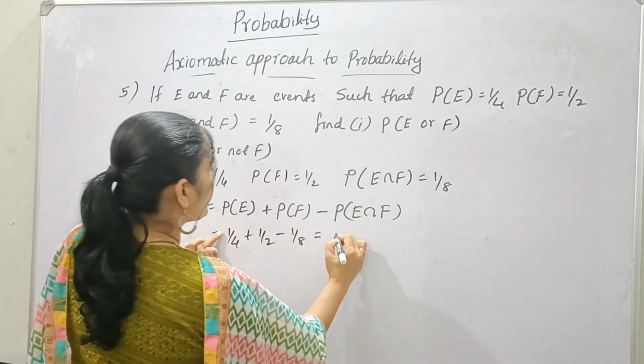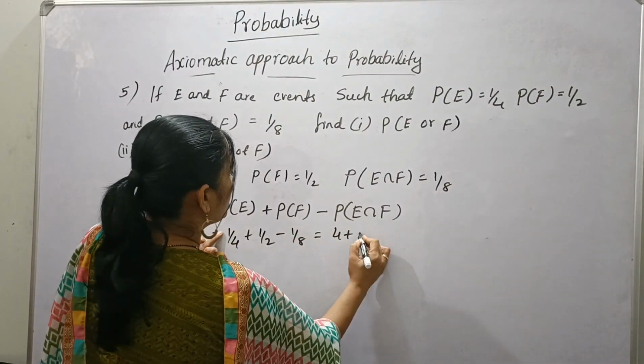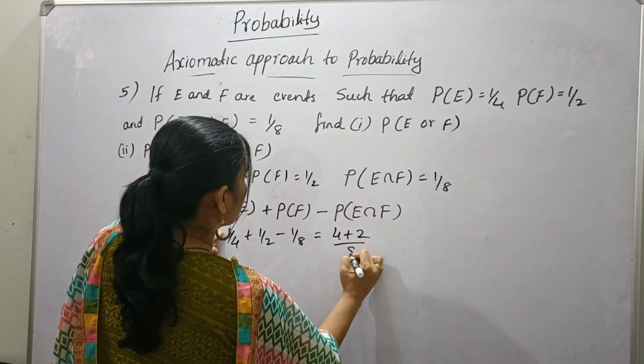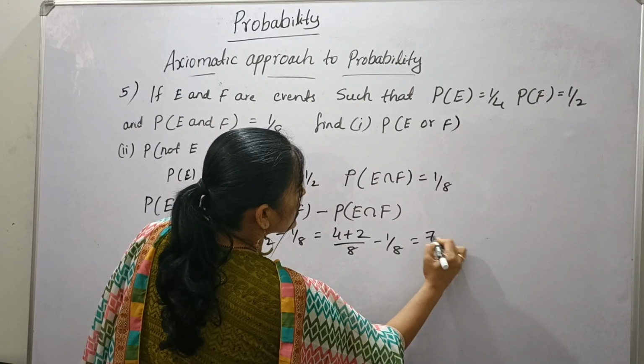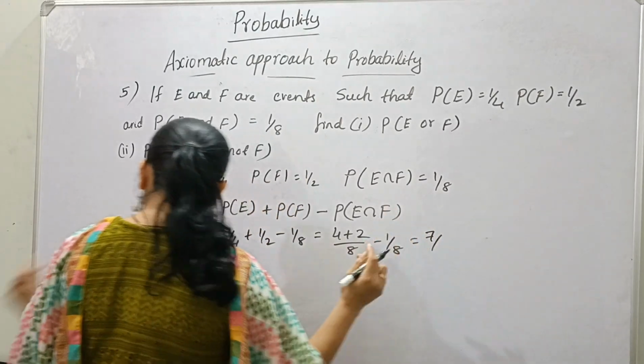That is 4 plus 2 divided by 8 minus 1 by 8, that is 6 by 8 minus 1 by 8, which is 5 by 8.